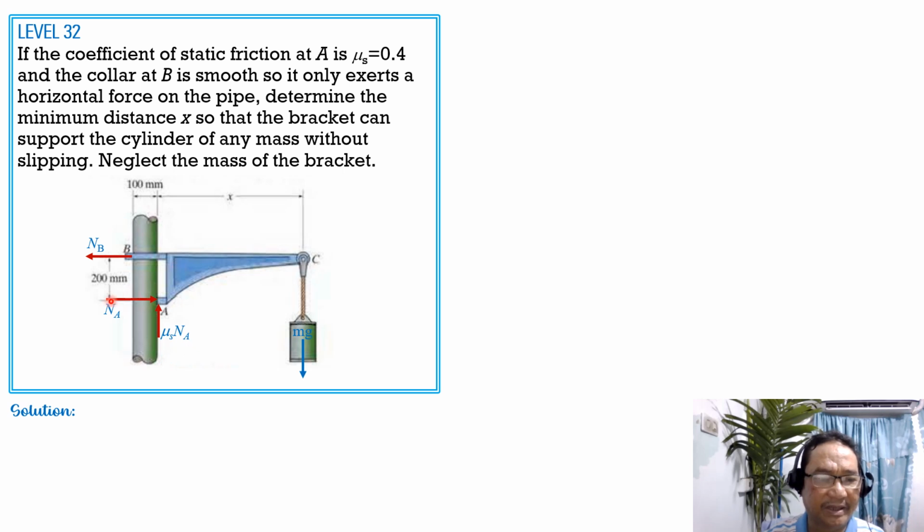So the normal reaction at A is Na, and the frictional resistance should be maximum because we're looking for the minimum distance for the bracket to support the cylinder without slipping. So this is mu sub s times Na. So summation forces horizontally, we say that Na equals Nb. Then summation of moment about A equals 0.